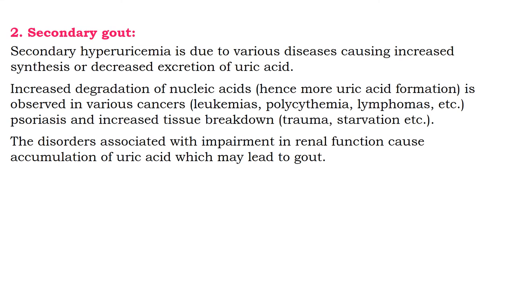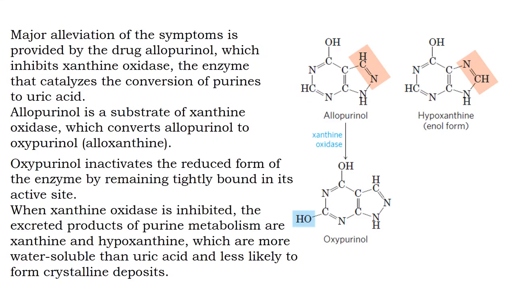These disorders are also associated with impairment of renal functions, which will cause accumulation of uric acid because of decreased excretion. If there is a lack of this excretion, then it will leak into the tissues and end up in the formation of gout, a metabolic disorder.